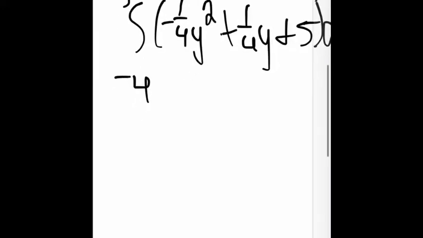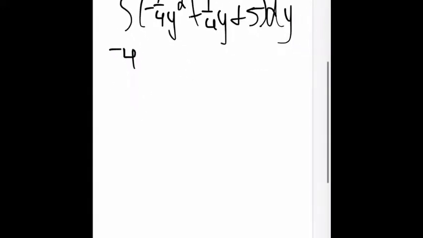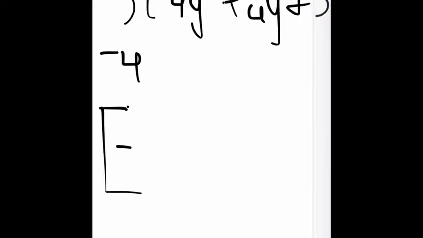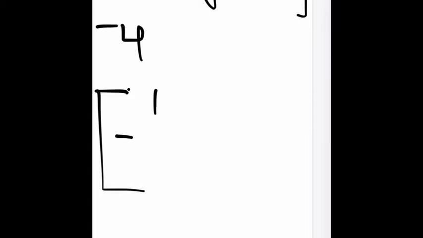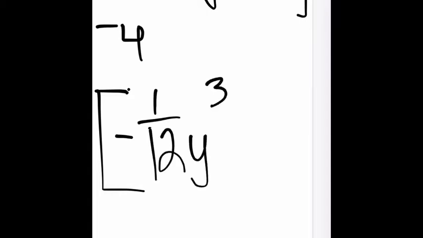Then you want to use the anti-power rule, because this is where you take the integral of it, so the integral sign goes away. Using the anti-power rule, which is adding 1 to the exponent and then multiplying the fraction by whatever that number turns out to be, in this case it would be 1/12 y cubed, because the exponent would turn into 3, and then you would multiply this number by 3.